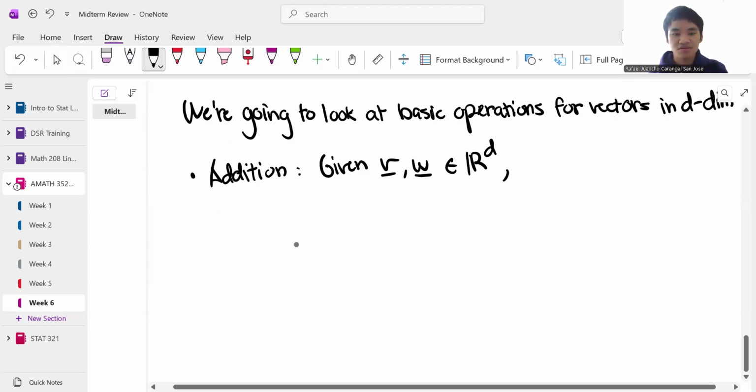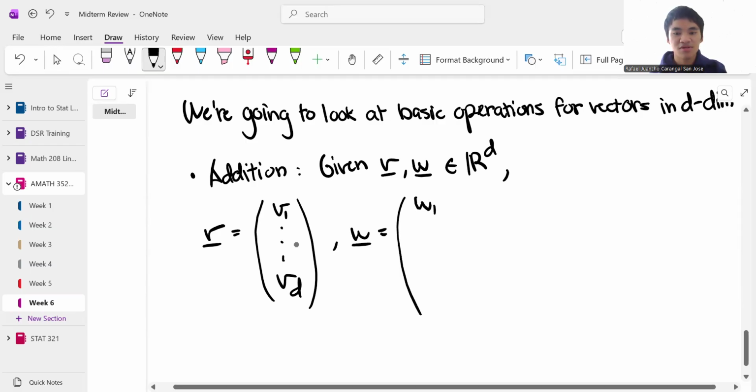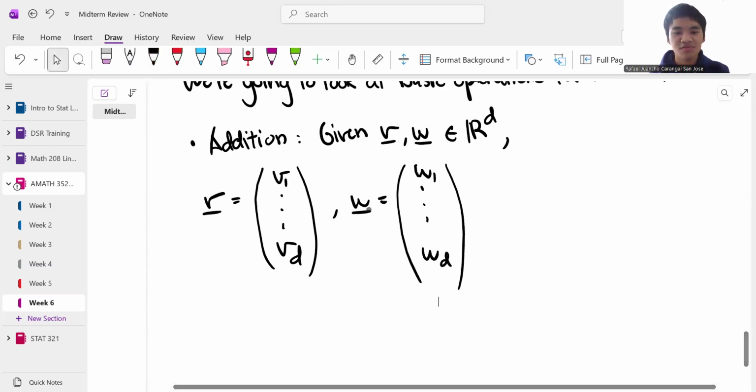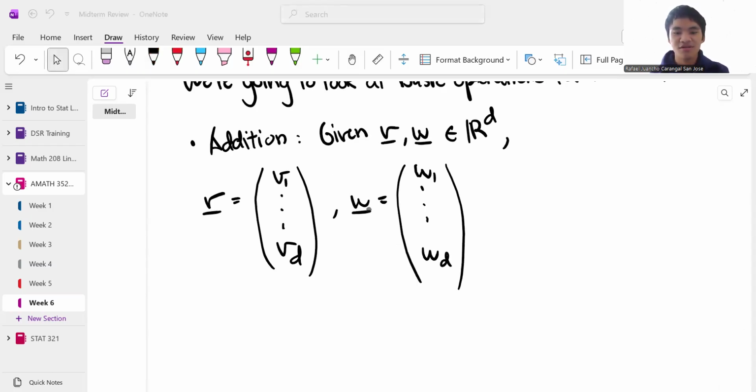Another way to represent them, v is going to look like this, and w is probably going to look something like this. I hope this makes sense.